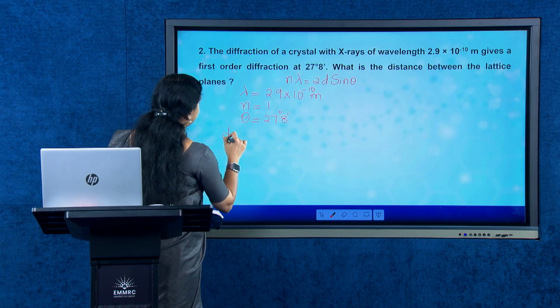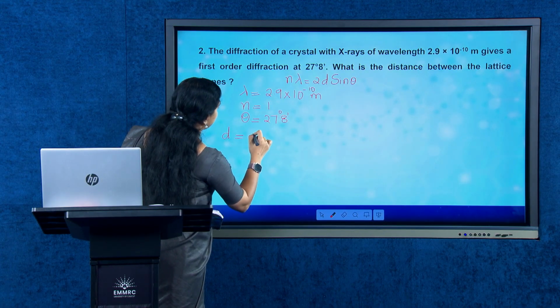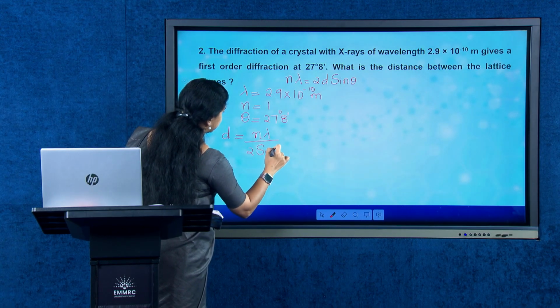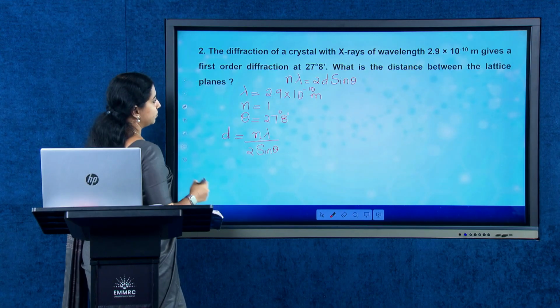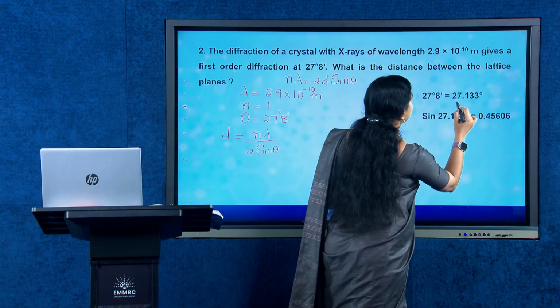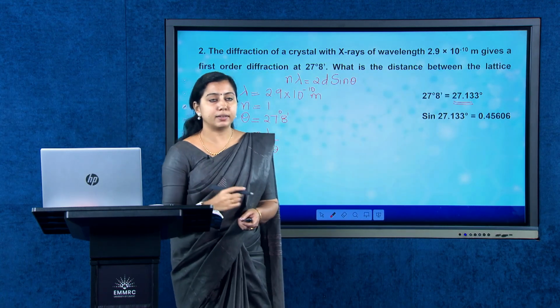So, from Bragg's equation, we can calculate d as d equals n lambda by 2 sin theta. Again, 27 degree 8 minutes is approximately equal to 27.133 degree.